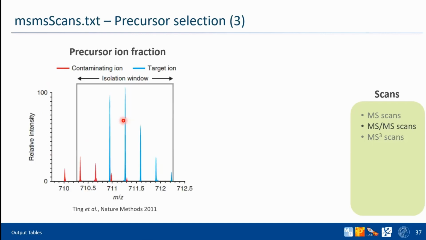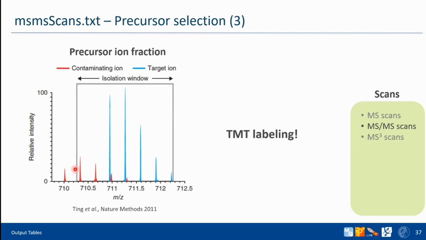Another example why we can use this information is that you may want to see in your window where your targeted ion is located, and where, for example, another contaminating ion is located. As we can see here, we have an isolation window where the proper ion was identified and selected, but then we had also some noise coming from a different ion.